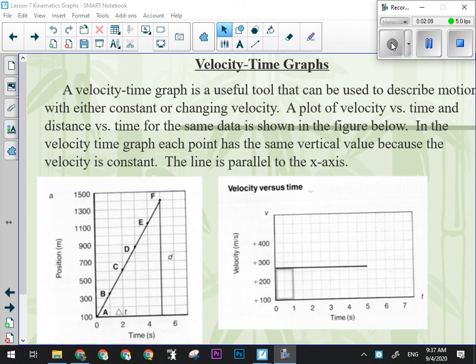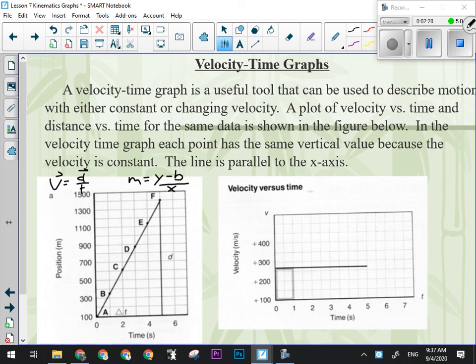Here's the mathematical proof that these things are both showing the same thing. Okay? Like exactly the same thing. If I look at this, and I want to calculate the velocity from this position versus time graph, okay? Velocity is displacement over time, or I could even do this, m equals y minus b over x. Either one of them will get me the right answer here. Okay, I'll just plug into here.